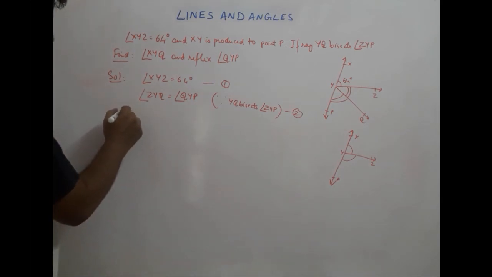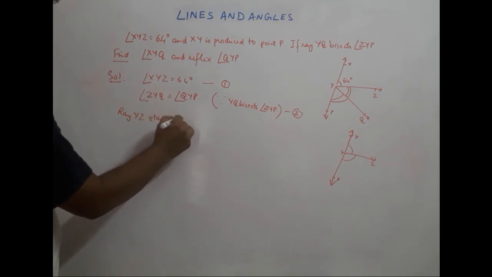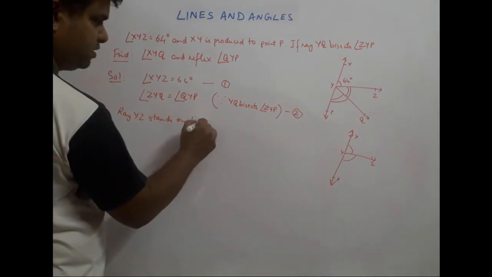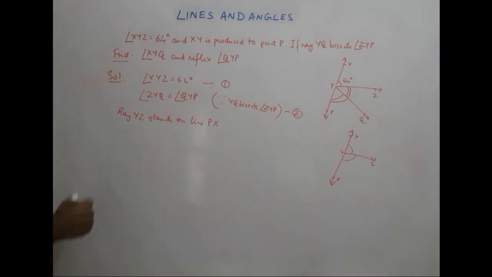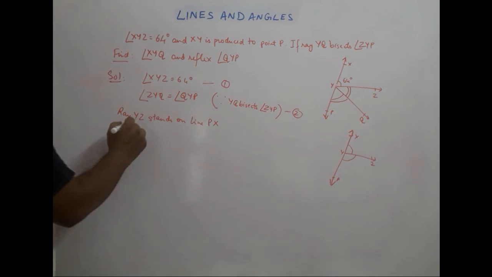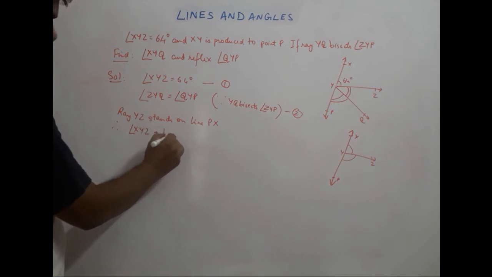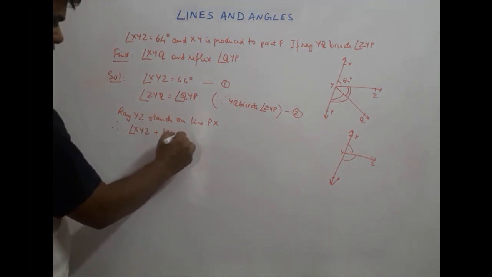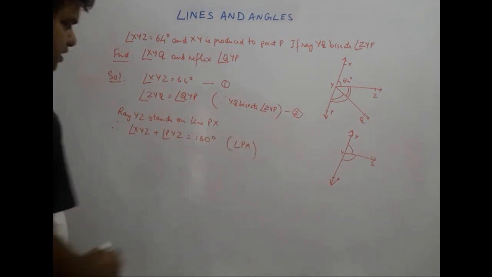So we can say ray YZ stands on line PX. Therefore angle XYZ plus angle PYZ is equal to 180 degrees as per the linear pair axiom.